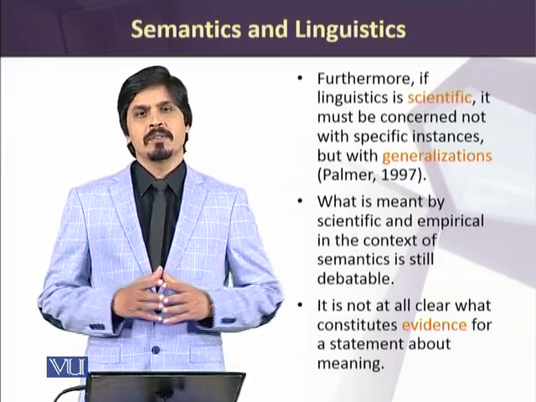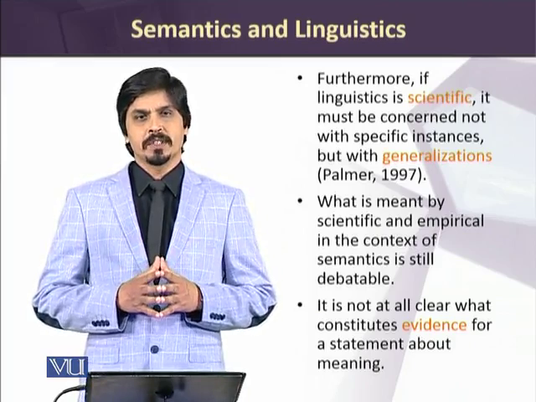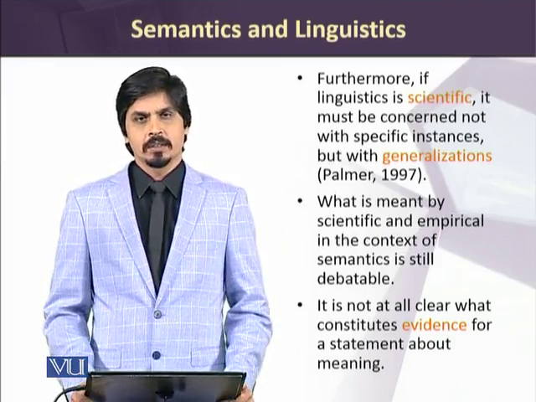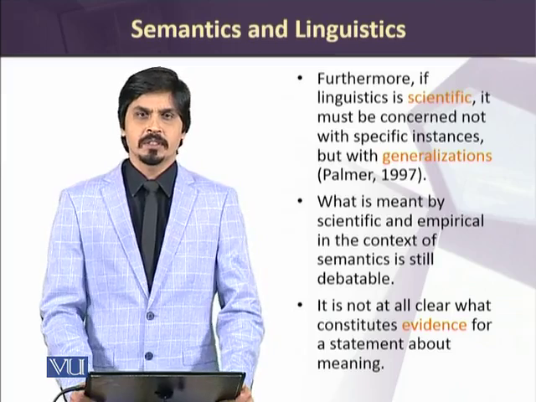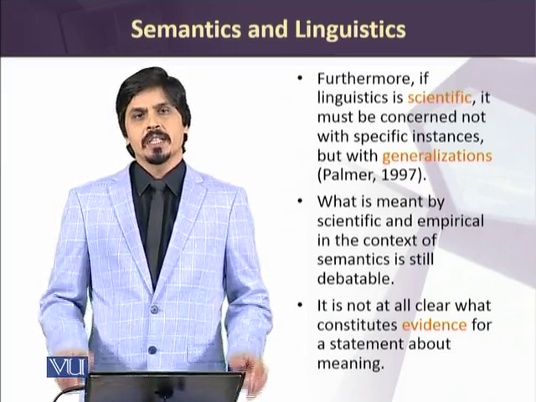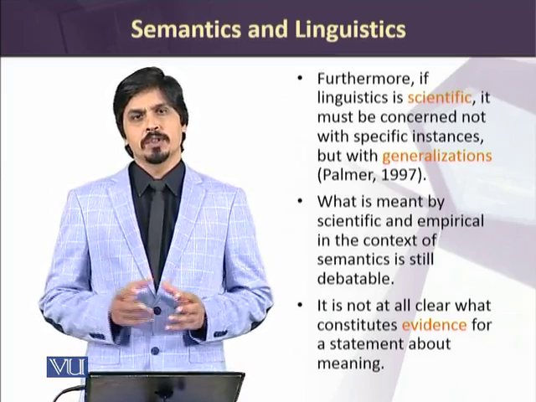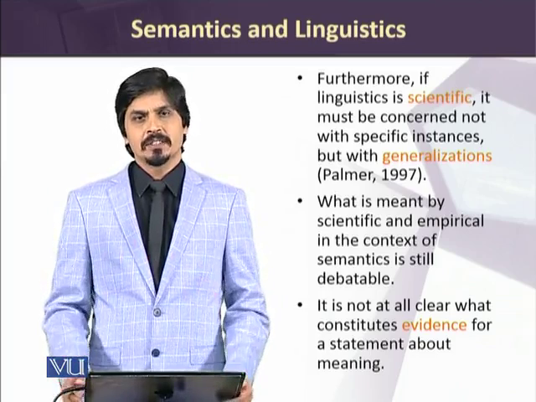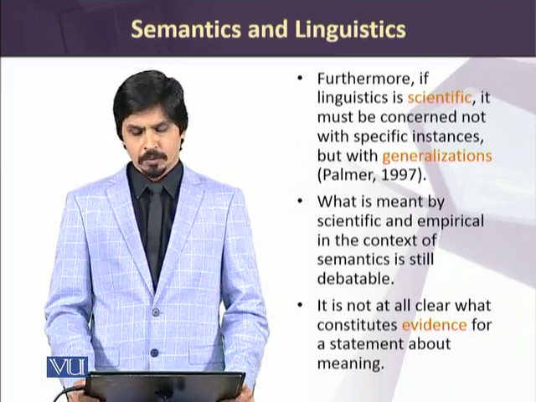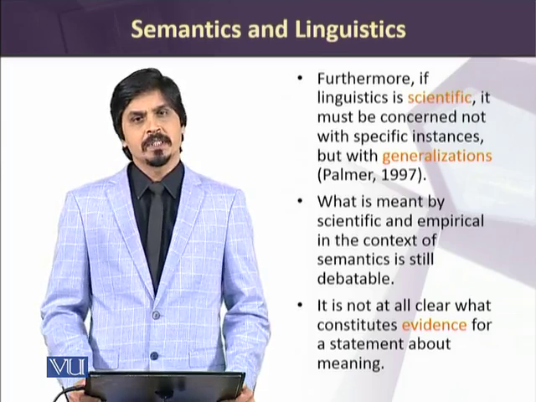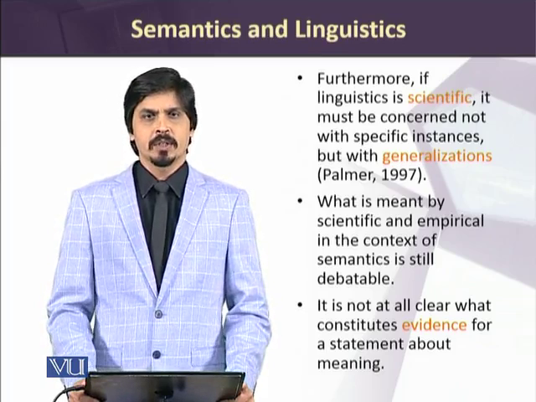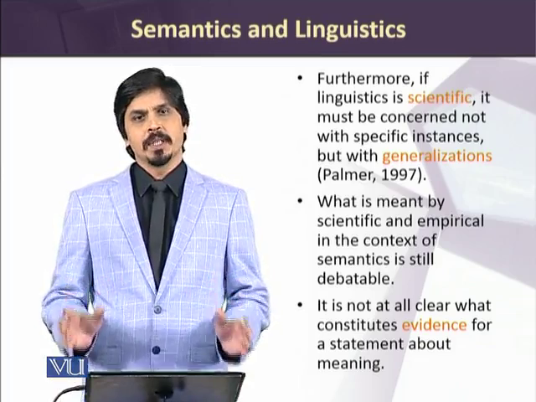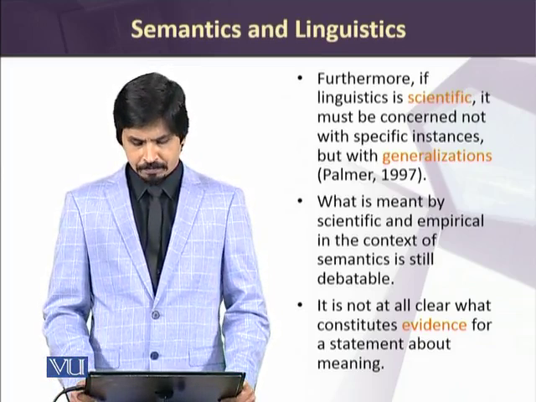Let's have a look into this debate. If semantics or linguistics is scientific, it has to be based on some knowledge which can be generalizable, instead of looking into isolated or specific instances, because scientific knowledge usually is based on generalizations.